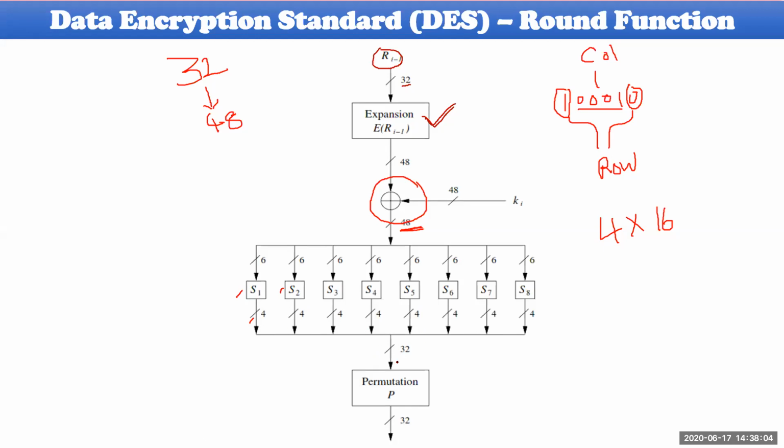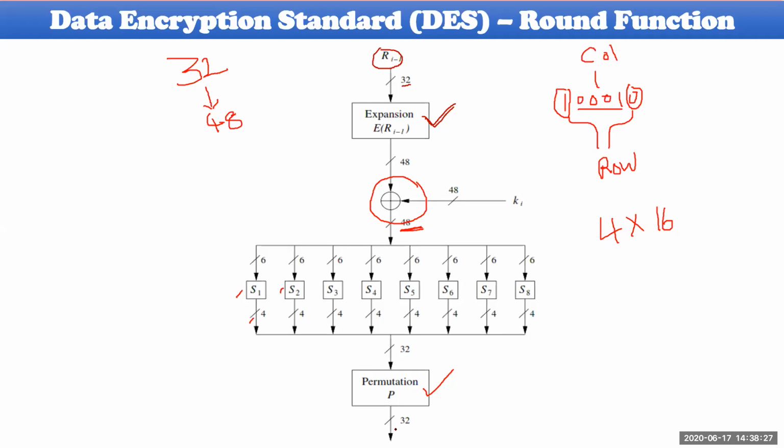You got 32 bits here. After getting this 32, you have to apply the permutation again. I have already given the permutation in the previous lectures. This permutation will be applied, and the output will be sent to Li.